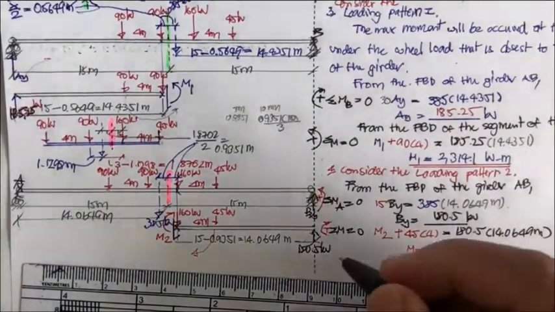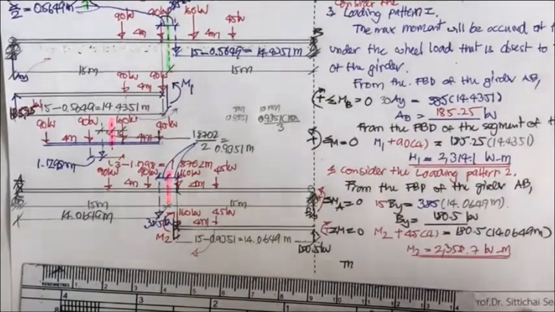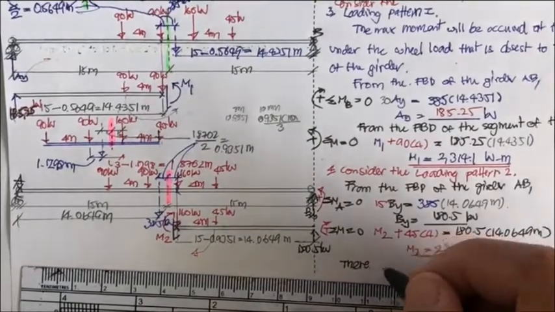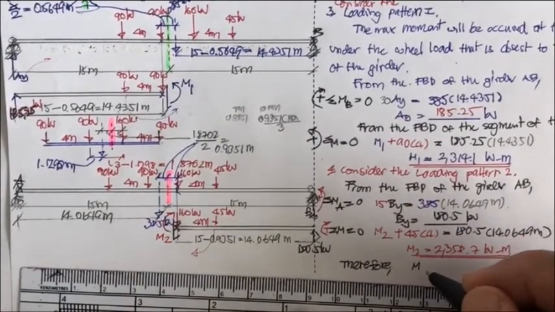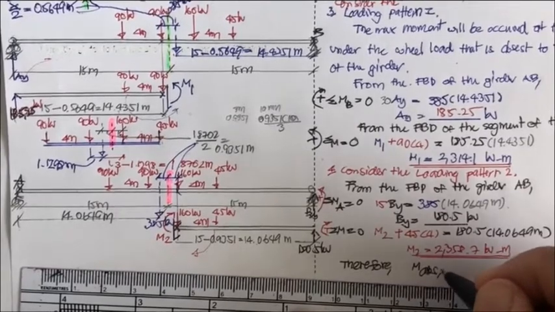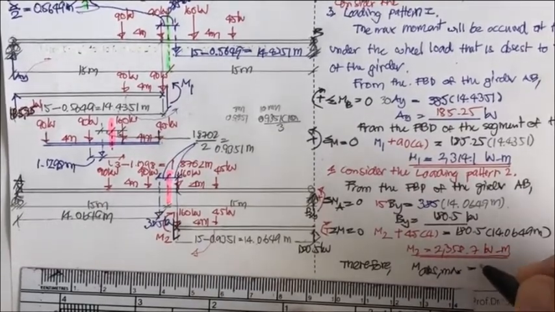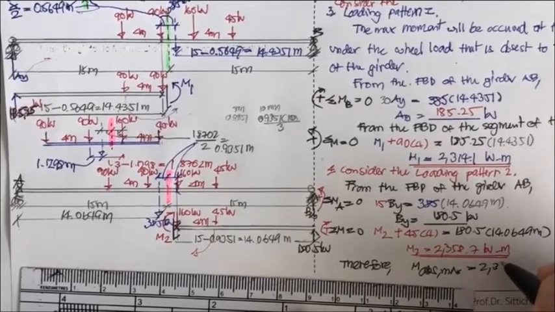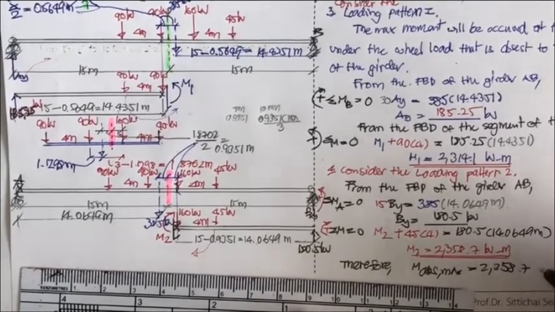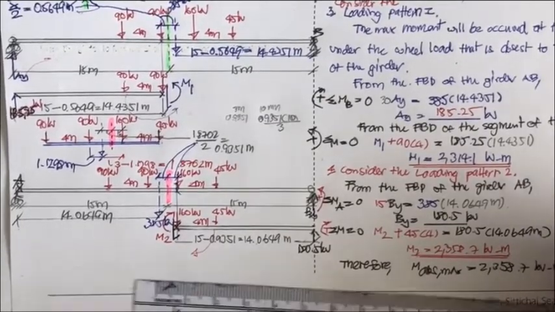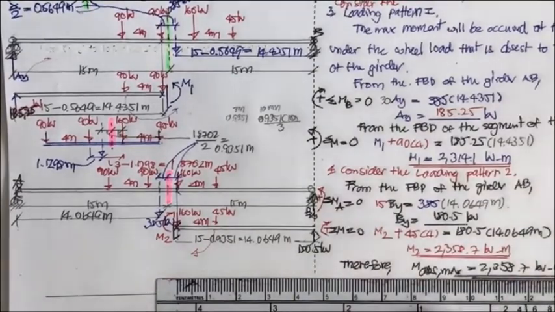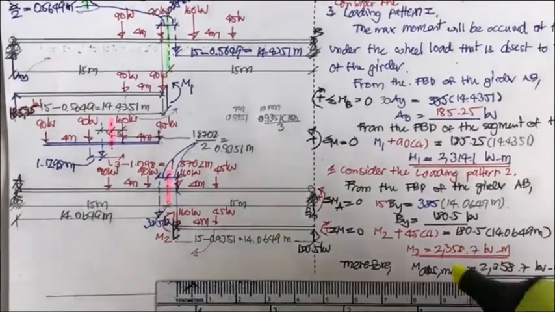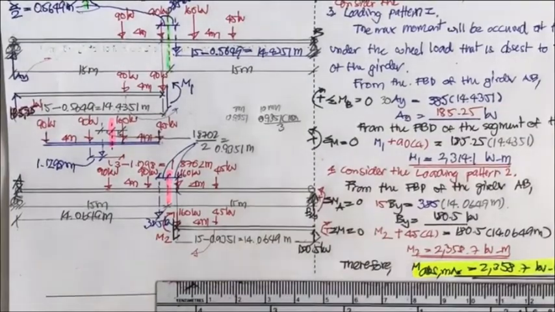So therefore M absolute maximum is 2,358.7 kilonewton meter for this girder. Okay, we get this as our answer of this problem.